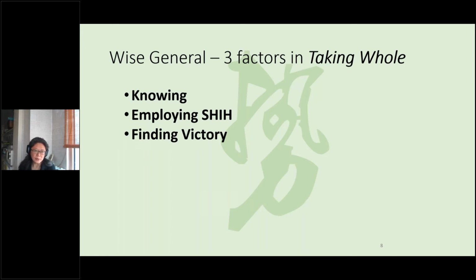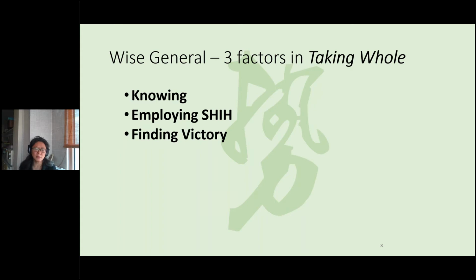Knowing is getting to understand the things that make up the whole environment, and then you start to arrange different forces and dynamics in a way that all of their power becomes available, and that is what is described as employing shi.